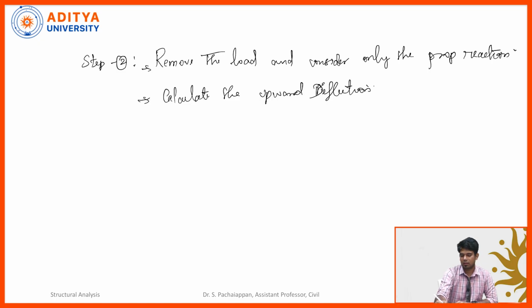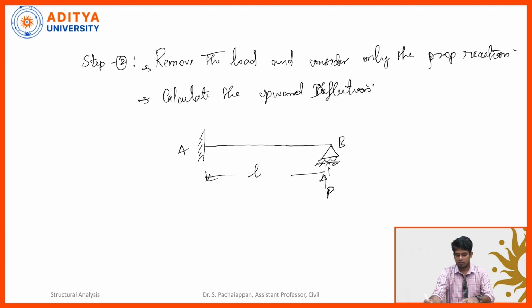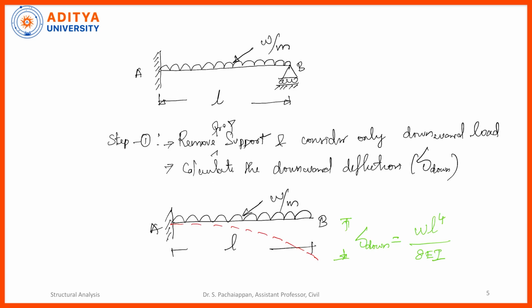So, once again I am going to draw the beam. This time I am considering only the prop support, which is going to produce the reaction force P. This is support A and support B and our span L. Now go to the previous slide.